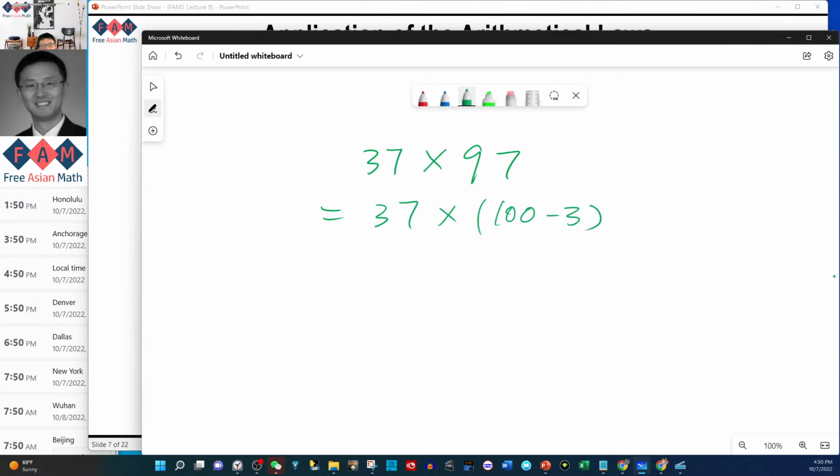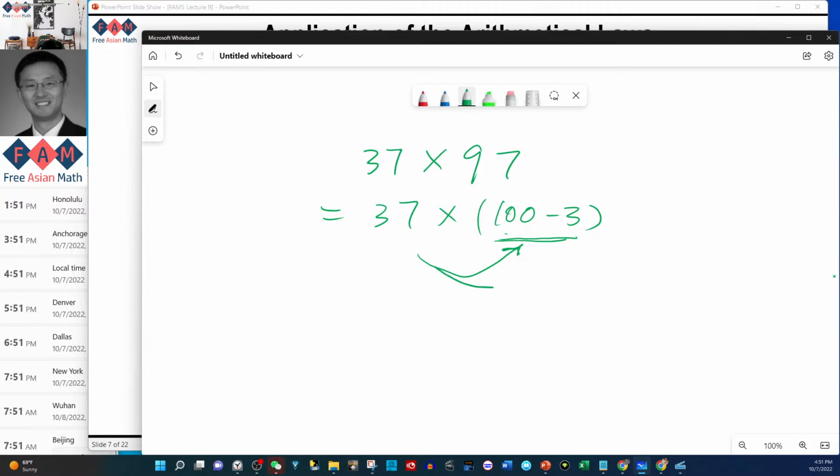Just like 102, 97 is also quite close to 100. Therefore, we can rewrite 97 in this way. Now, we have not discussed this yet, but just for your information, so that we don't have to go to this problem once we have already introduced subtraction.